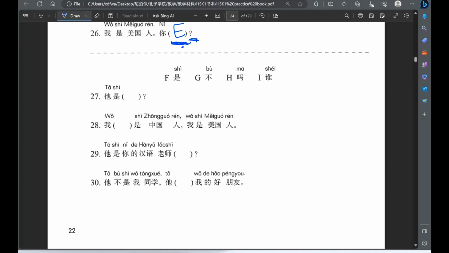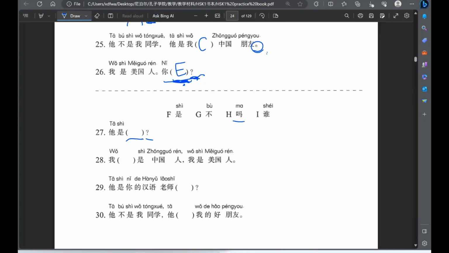27. Question 27. 他是 and a character at the end and a question mark. So we can put 么 is okay, and 谁 is also okay, right? 他是吗 or 他是谁? 他是谁 is asking who is he?